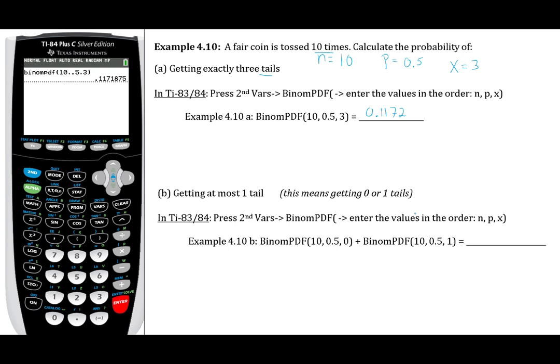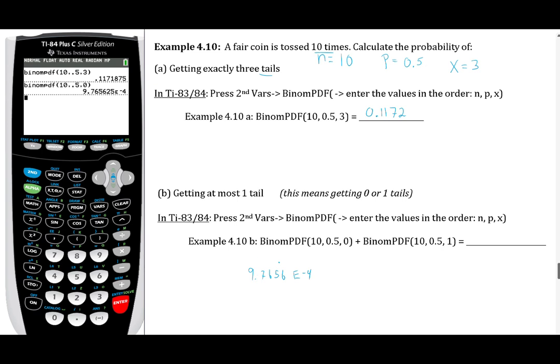So binomial PDF, we access it the same way. We're going to hit second vars, hit alpha A. We want to change this to now have an x value of 0. And we can find the probability of getting 0 tails. So the probability of getting 0 tails is, well, we have 9.7656 E-4.